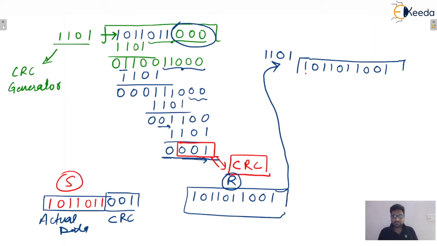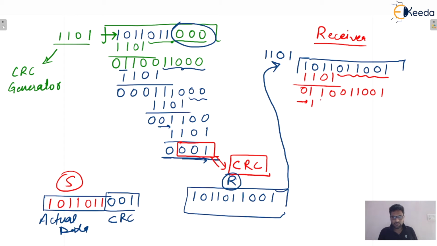So again apply the same method. The receiver will also apply the same procedure with 1101. Take the XOR operation. So this is 0, this is 110. Now write as it is whatever the remaining bits are.